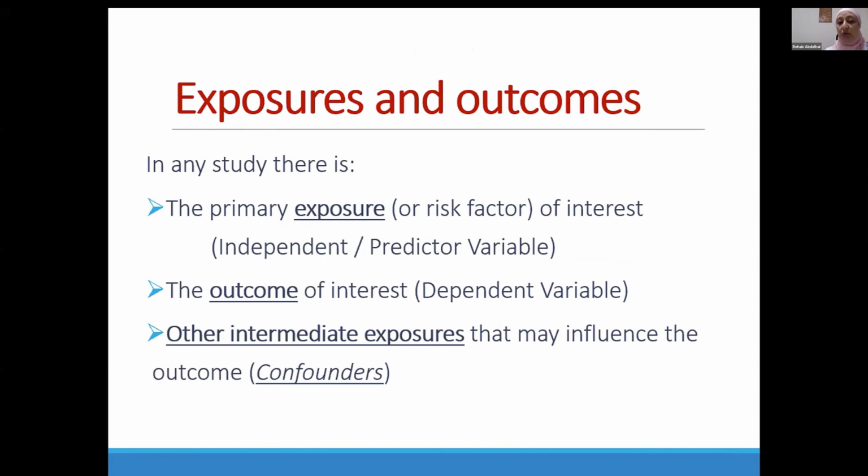This exposure or risk factor is sometimes called the independent or the predictor variable. And then there is the outcome of interest, also known as the dependent variable. And then there are some other intermediate exposures that may influence the outcome, and these are called confounders.